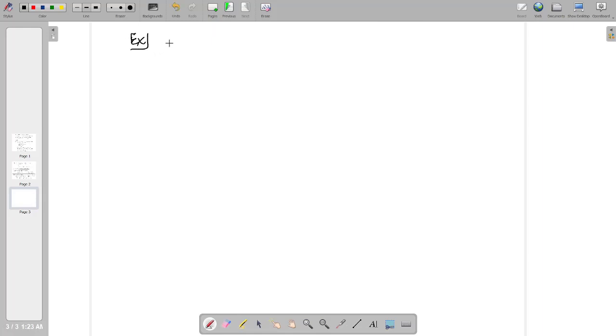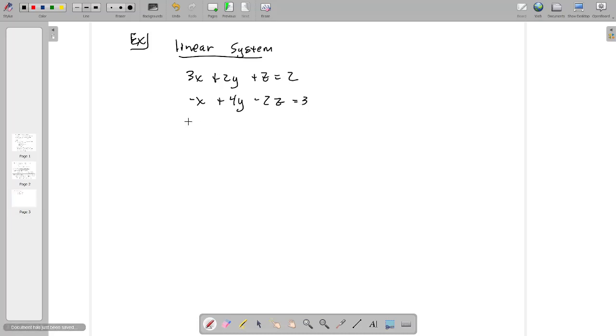For example, suppose that we had the linear system 3x plus 2y plus z is equal to 2, negative x plus 4y minus 2z is equal to 3, and negative 4x minus 3y plus 5z is equal to 1. Suppose that we had this linear system. Now we can rewrite this into 2 separate matrices.